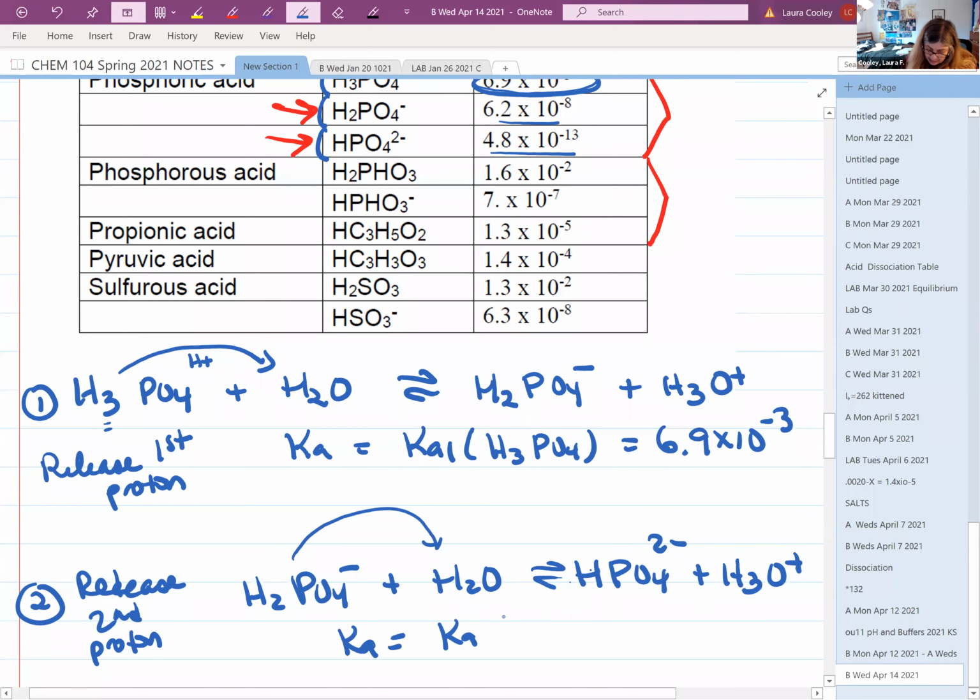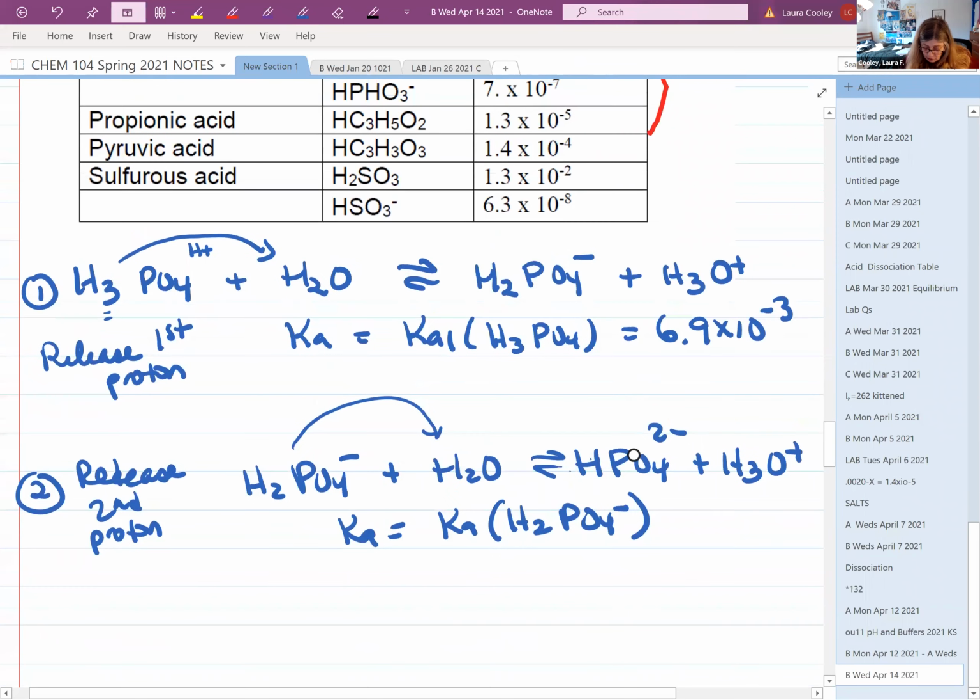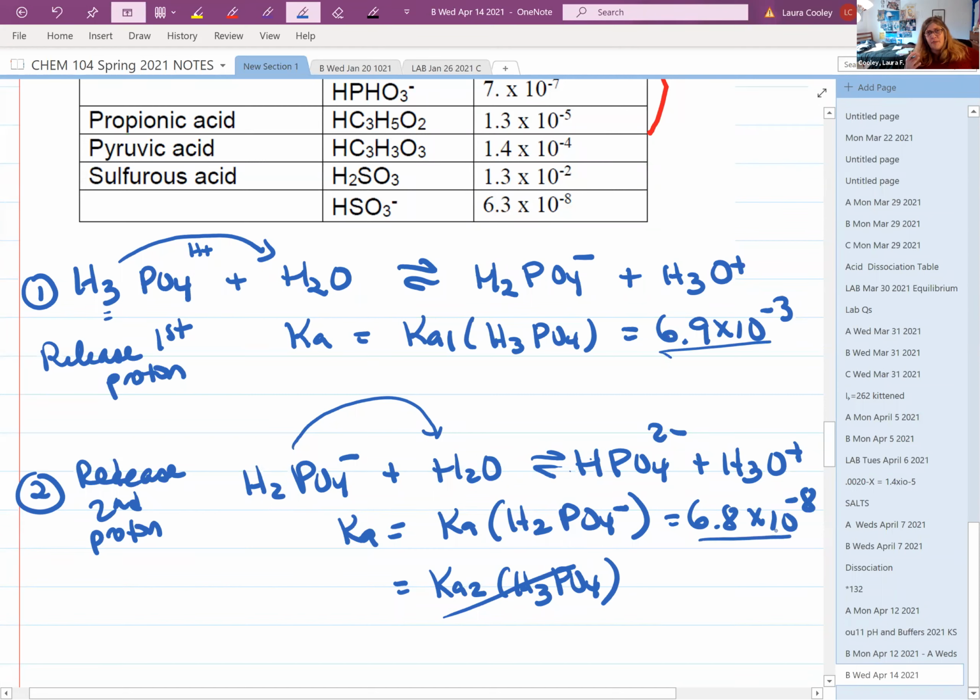This is the Ka for H2PO4 minus. This we would call Ka2 for H3PO4, but maybe it's better to just think about it as a Ka for H2PO4 minus. And that's 6.8 times 10 to the -8th. Look at that. It's 5 orders of magnitude smaller.